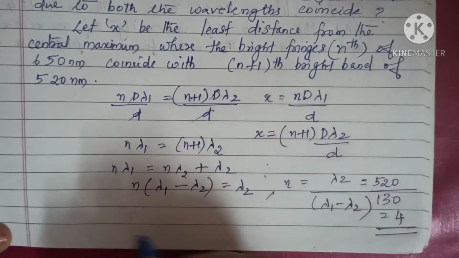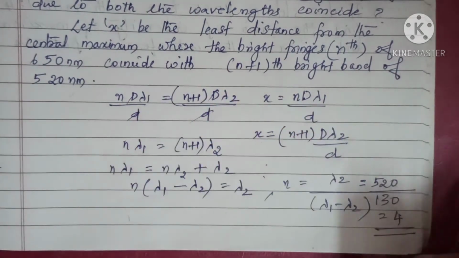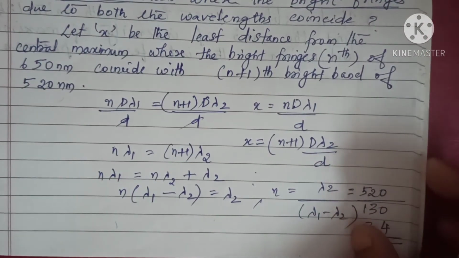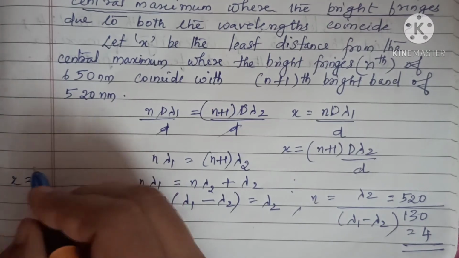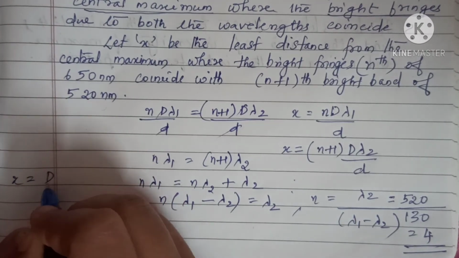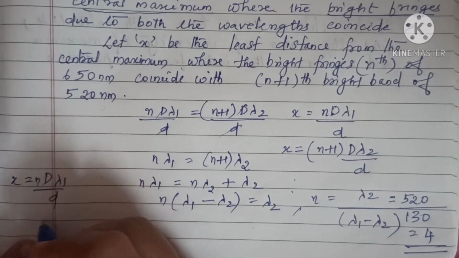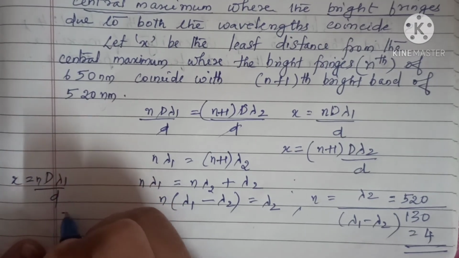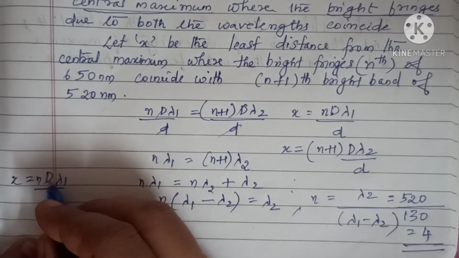Okay. Now you can find the distance, that is x is equal to n D lambda 1 by d, isn't it? What is capital D here?